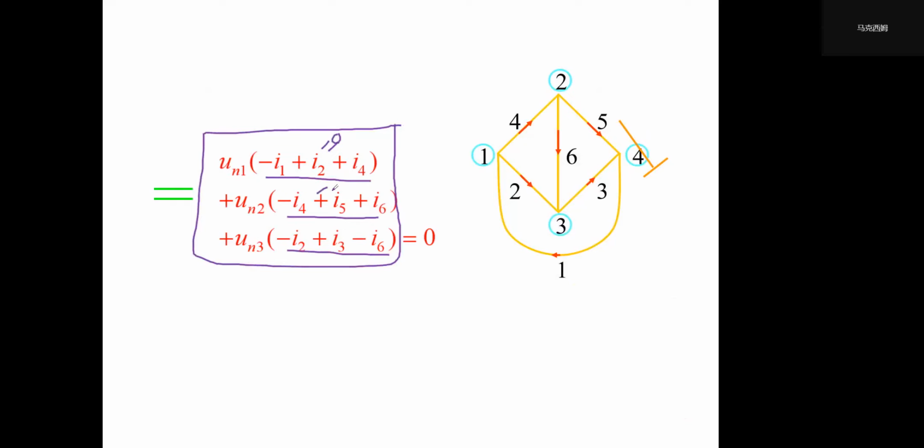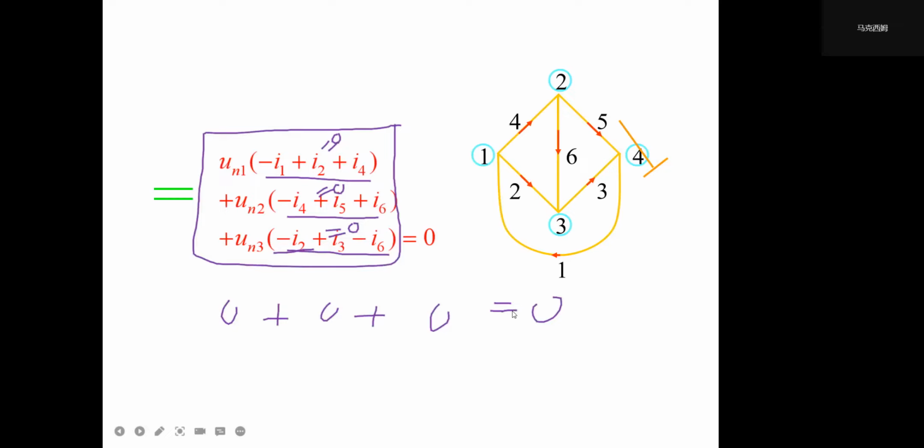The second one, Un2 times a value, equals 0. And Un3 times a value equals 0. So 0 plus 0 plus 0 equals 0. So we have proved the first one of the Tellegen theorem.